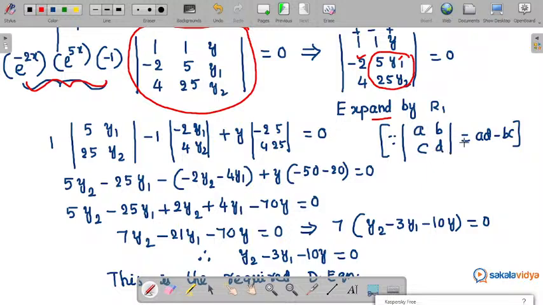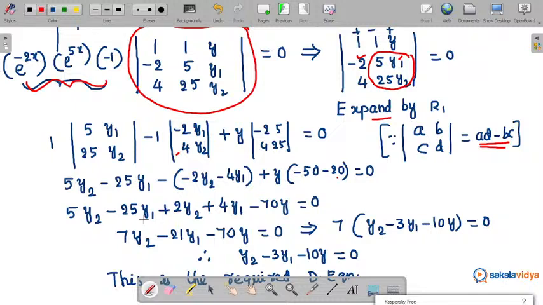So the determinant of ABCD is AD minus BC. So that is 5 y2 minus 25 y1, minus of this, which is minus 2 y2 minus 4 y1, plus y into this, which is minus 2 into 25, minus 50, and this is minus 20, equals 0.